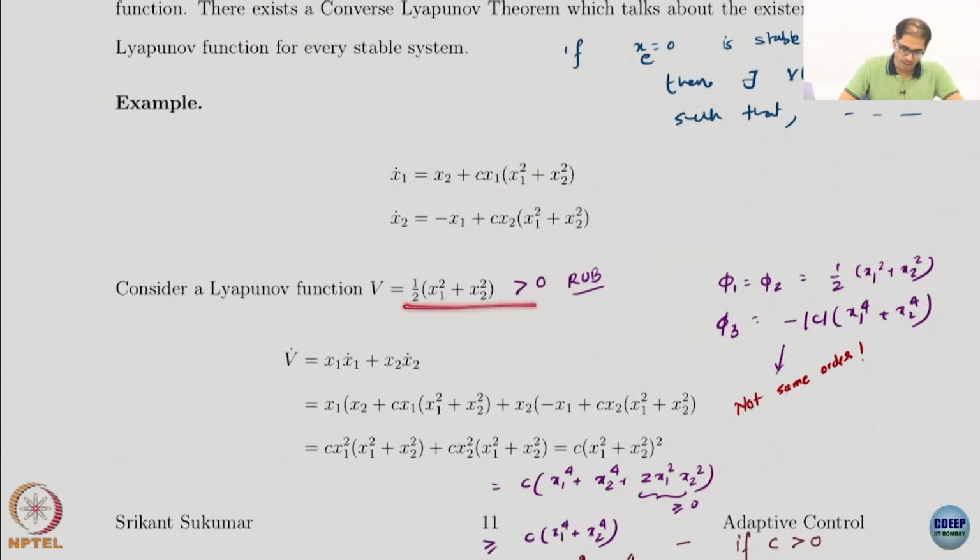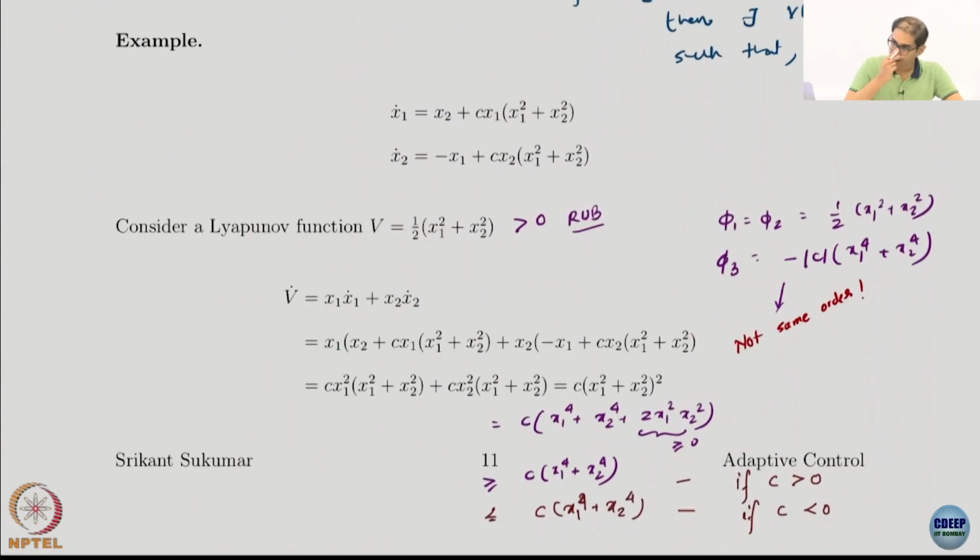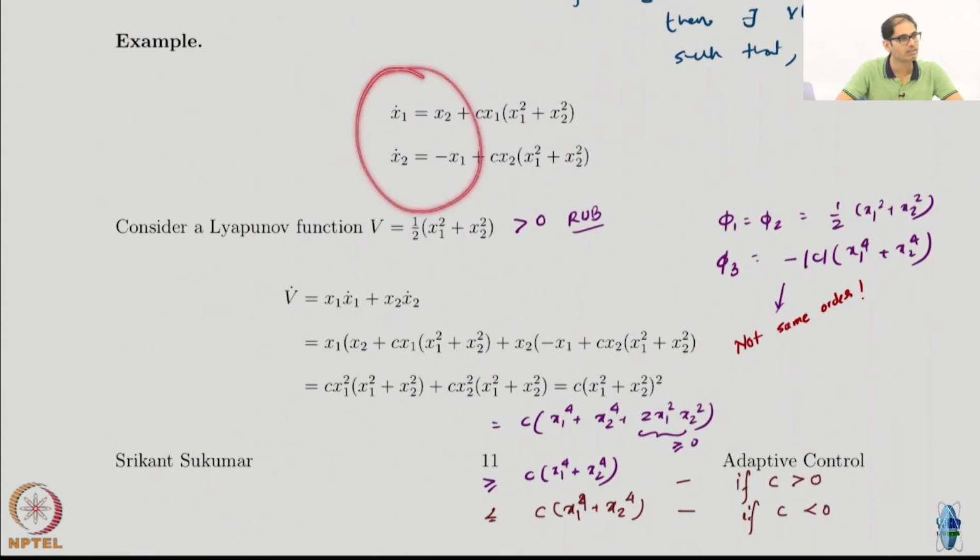If I take the derivative, x1 dot and x2 dot, for the harmonic oscillator I would have got 0, we just did that example. But here because of these additional terms, I will get c x1 squared plus x2 squared and c x2 squared times x1 squared plus x2 squared. If you actually combine them, you will get c times (x1 squared plus x2 squared) whole squared.